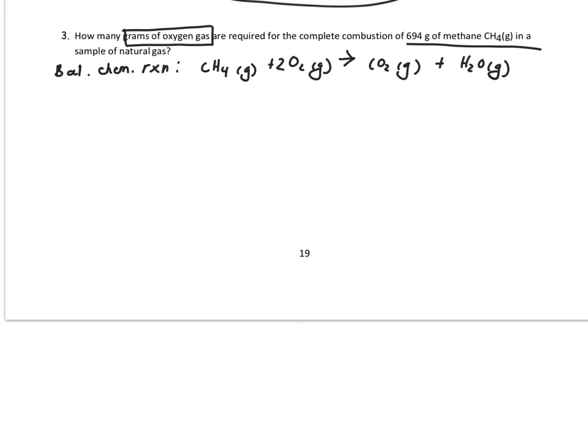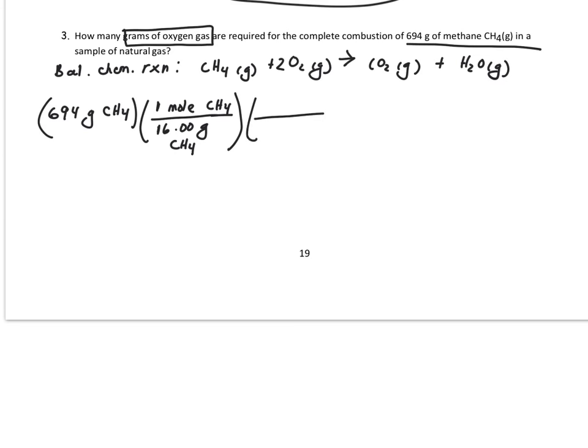Well, we always start off with what's given in the problem, which is 694 grams of methane. And we're going to divide by the molar mass of 16 to convert to moles of methane. And according to a balanced chemical reaction, there's 1 mole of methane for every 2 moles of oxygen.